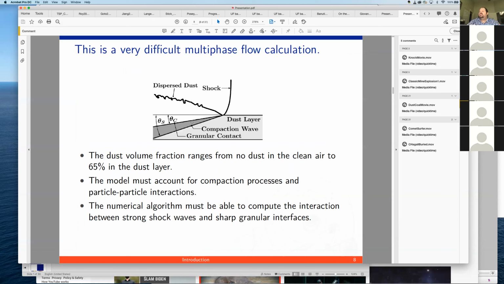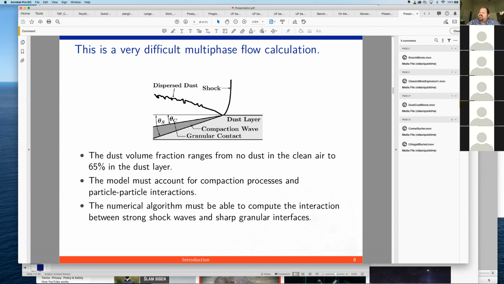And so now in terms of multi-phase flow, this is really difficult. We didn't know what to do with the dust layer. And so our only option was to resolve it and actually put it in the computational domain and not treat it as some weird fuel boundary condition. And so this is very challenging.